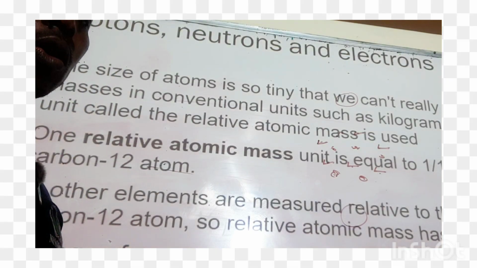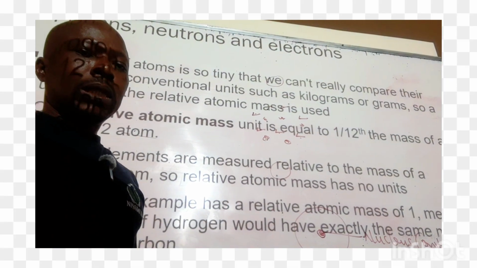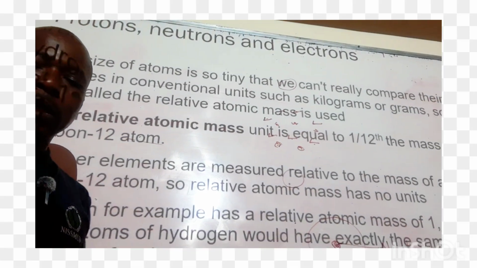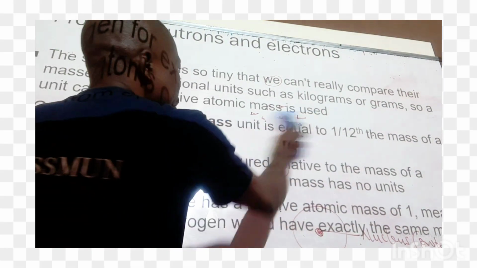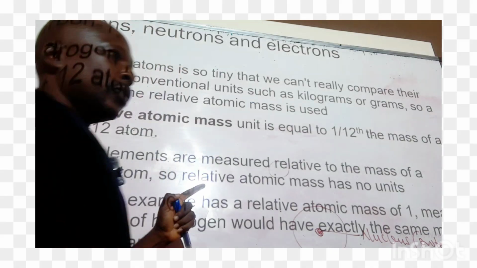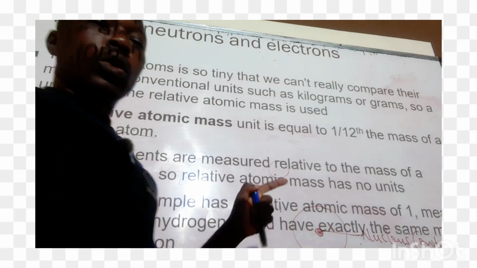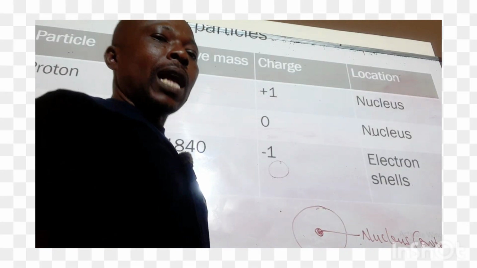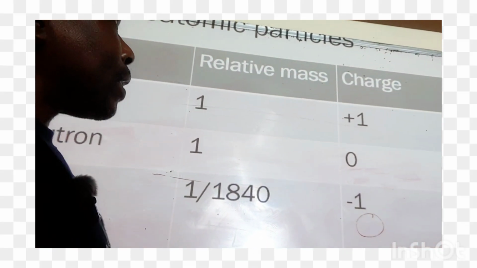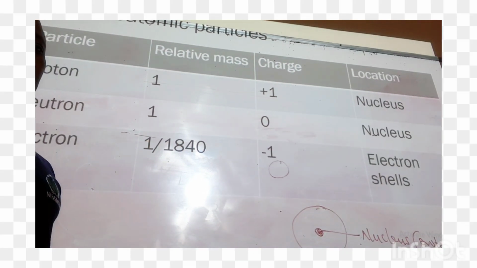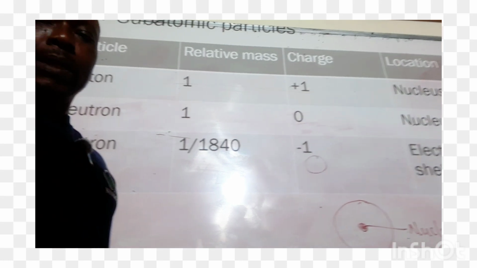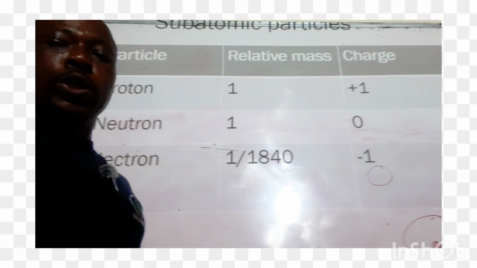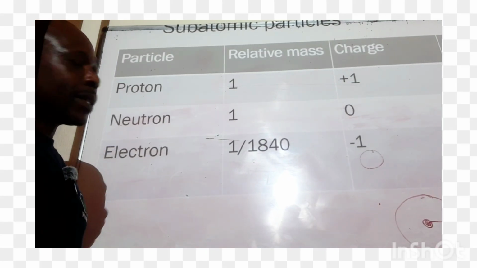Now, the protons and the neutrons. As I have already said, the protons and neutrons are contained in the nucleus, and the electrons revolve around the shell. Now let's look at the subparticles of the atom. The atomic subparticles, in other words, what the atom is made up of, and the relative position of the particles.